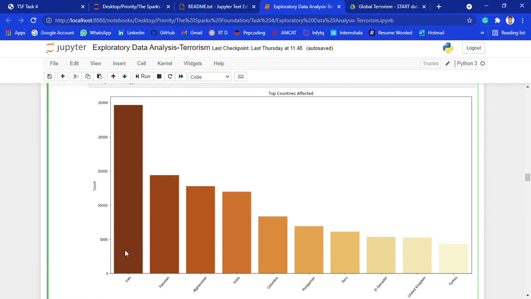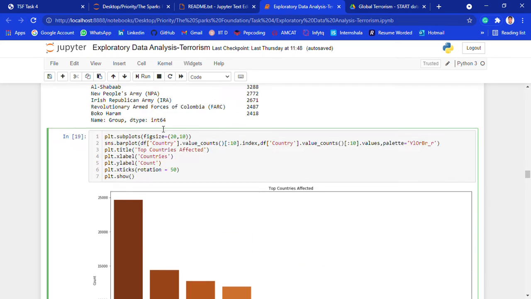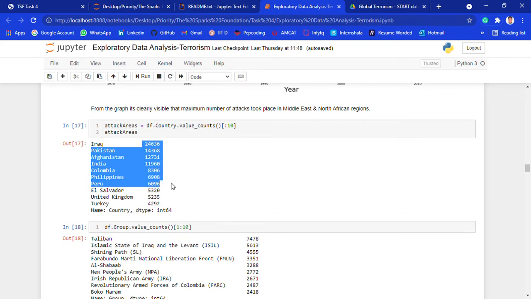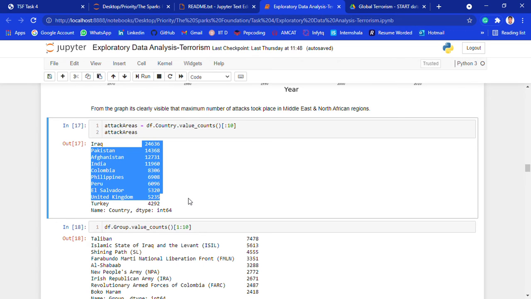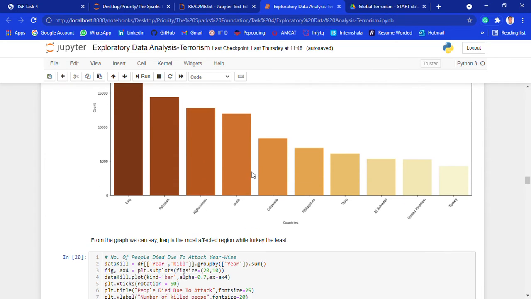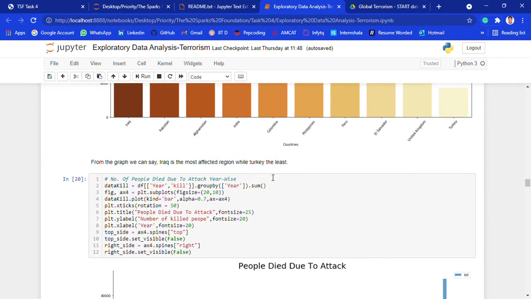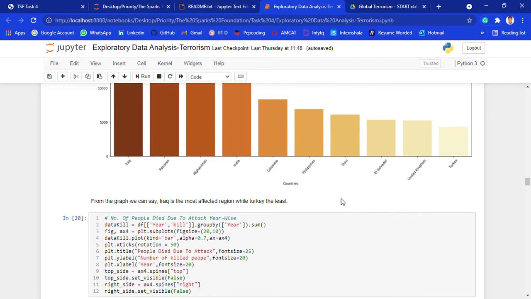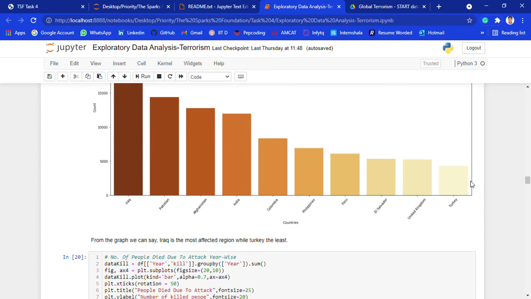Iraq is the country that is most widely affected, and I think the data output also shows the same thing, so I have just tried to make it in visual form. With this data, we can also see that Turkey is the region with the least number of terror activities.